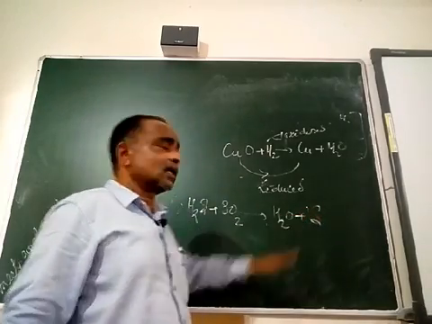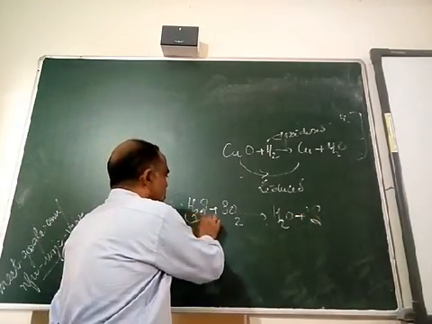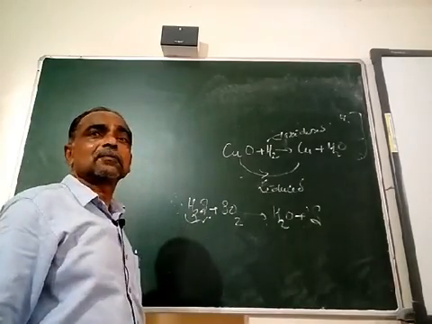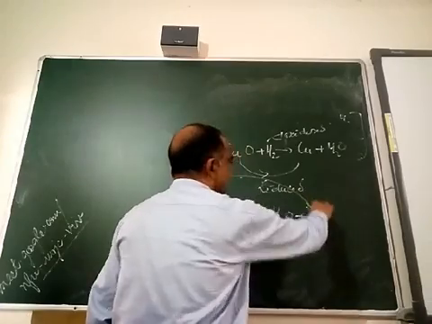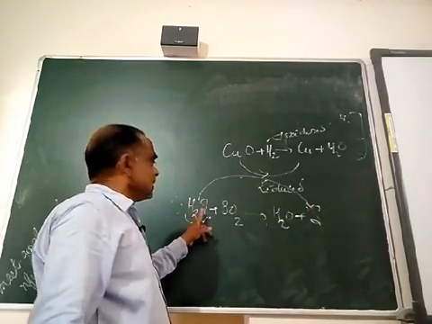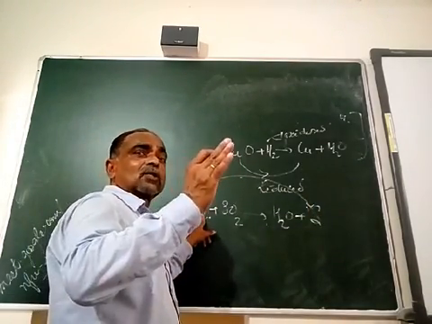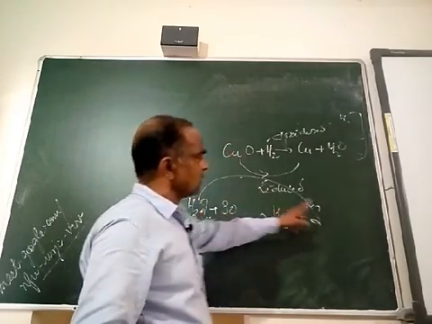Now in this reaction what has happened? H2S has got sulfur and hydrogen in it. When hydrogen is lost from H2S, it is getting converted into sulfur. So loss of hydrogen is known as oxidation. So H2S is oxidized to sulfur.